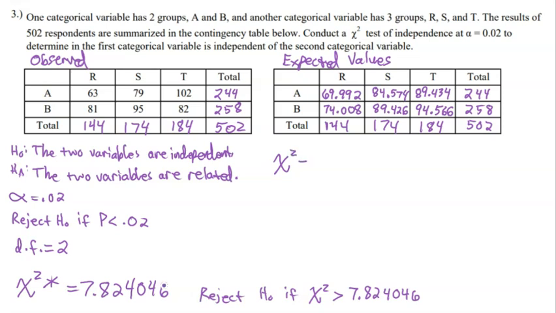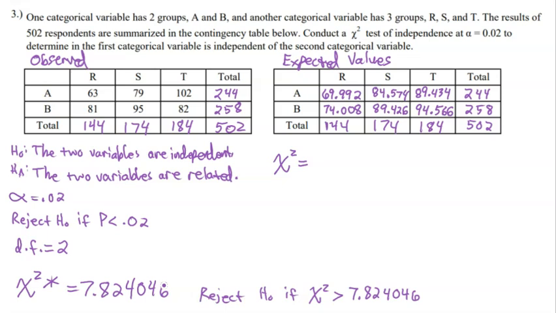And remember, the chi-square test statistic requires us to add up a bunch of things. And we said the number we have to add up is going to be equal to the number of cells in the contingency table. And we have 1, 2, 3, 4, 6 cells.